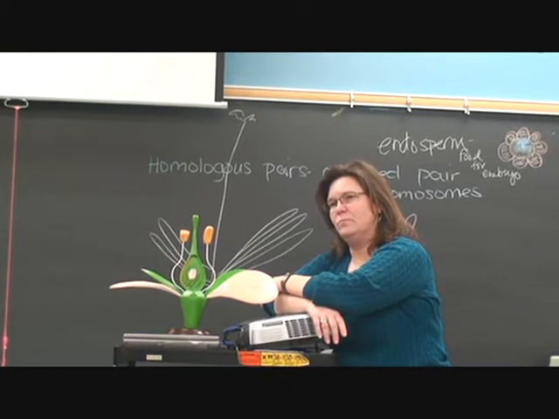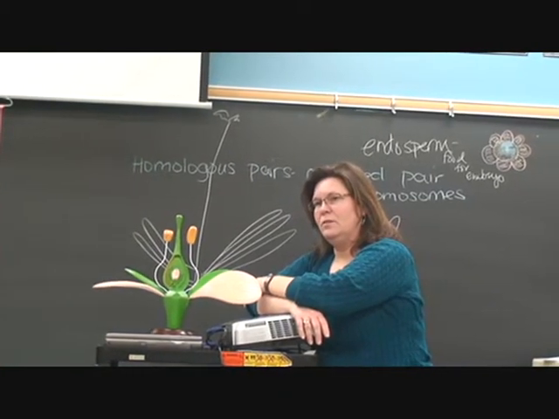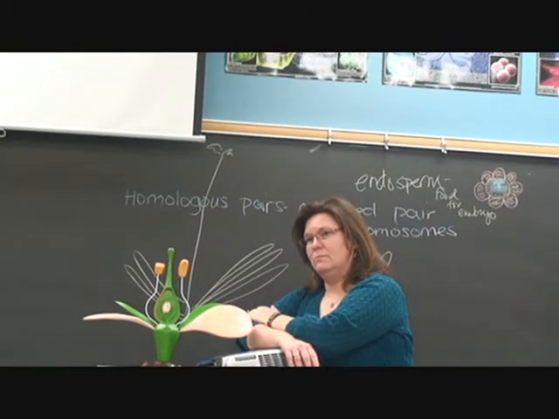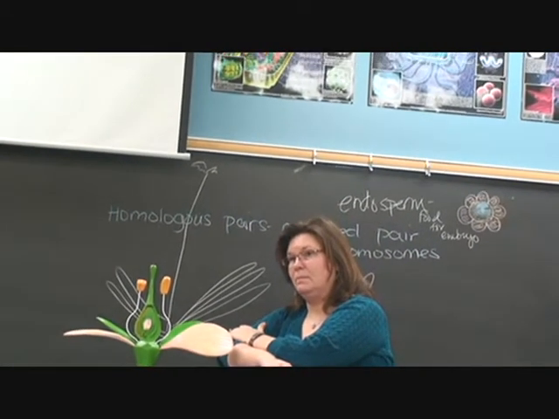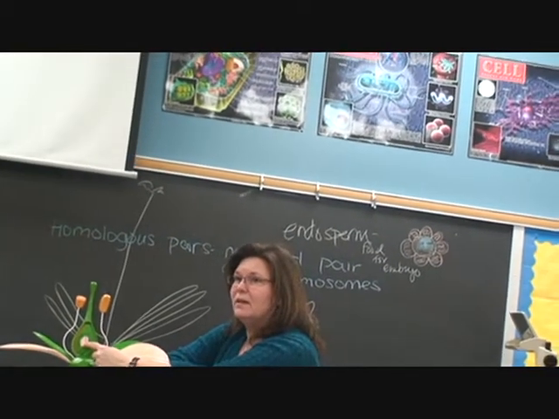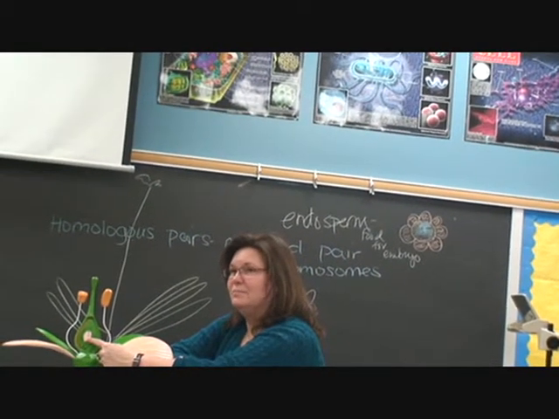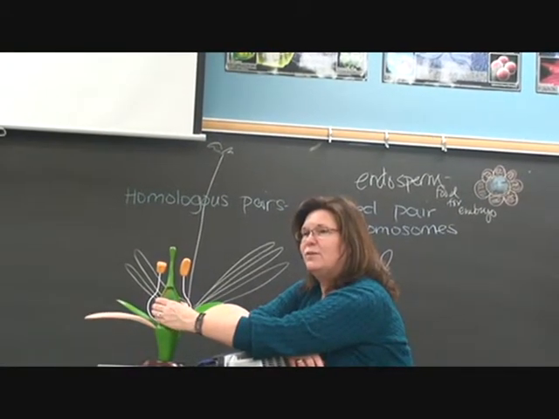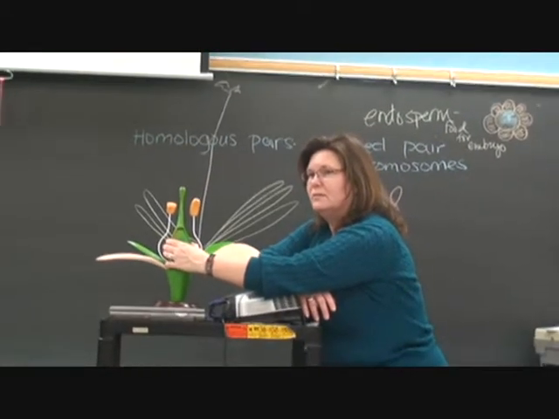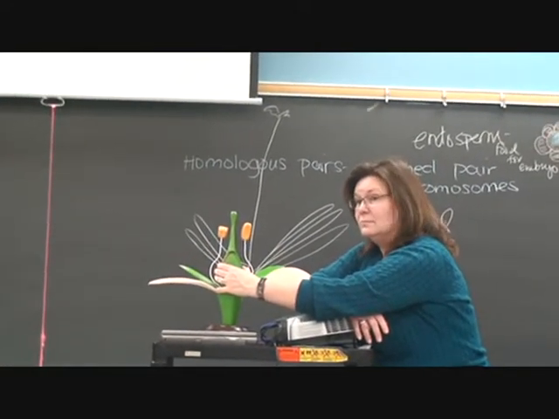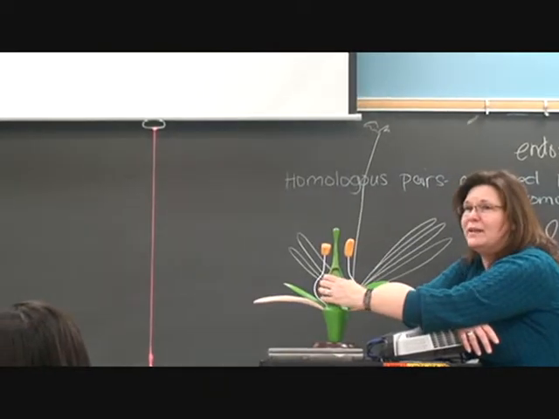Where does the rest of it come from? The ovary. If we're talking about an apple, the seed comes from the fertilized embryo and endosperm, which is stored in the ovary. So the apple part, the whole fruit, is the ovary. When you eat fruit, you're eating the plant's ovary.